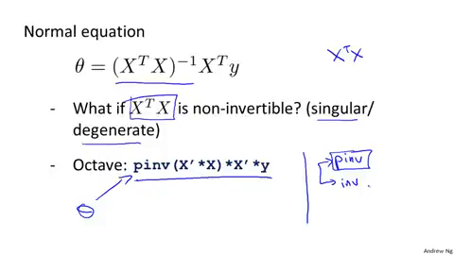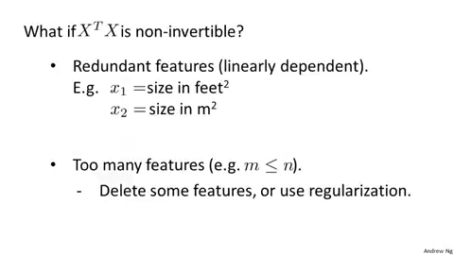But in this optional video, I'll try to give you some intuition about what it means for X transpose X to be non-invertible, for those of you that know more linear algebra. I'm not going to prove this mathematically, but there are usually two most common causes. The first cause is redundant features in your learning problem.